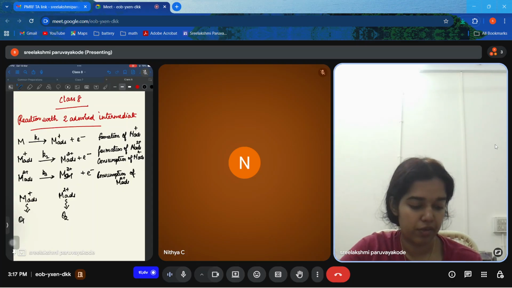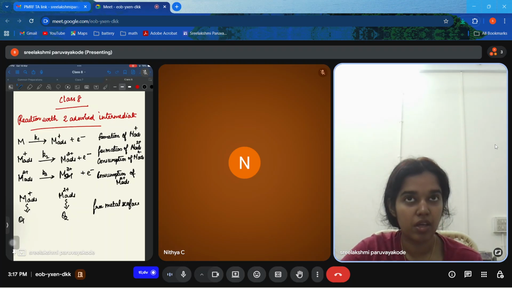What is the free metal surface available? If I say the total metal surface is 1, that is 100%, then this will be the fraction occupied by the free metal surface, because the rest is occupied by M adsorbed plus and M adsorbed 2 plus.